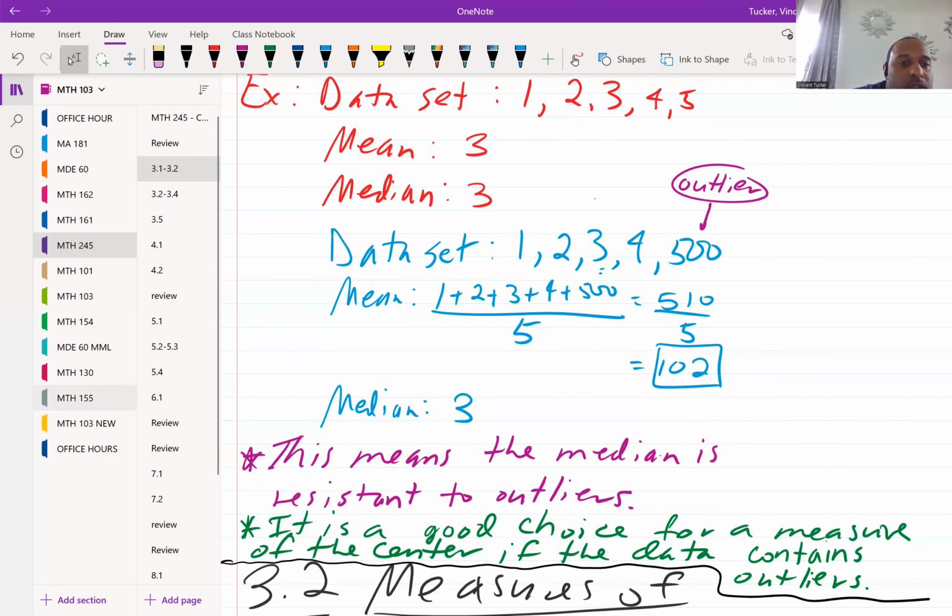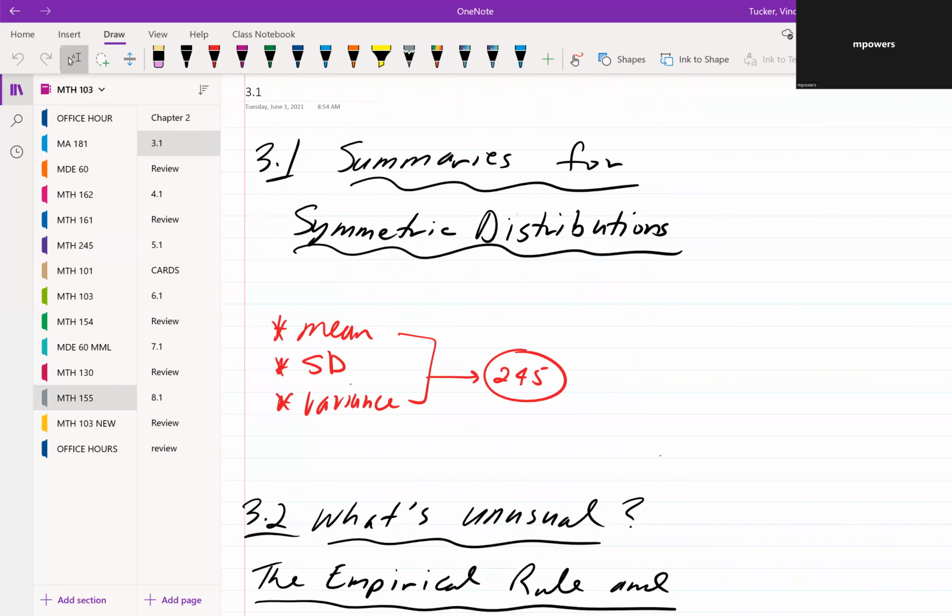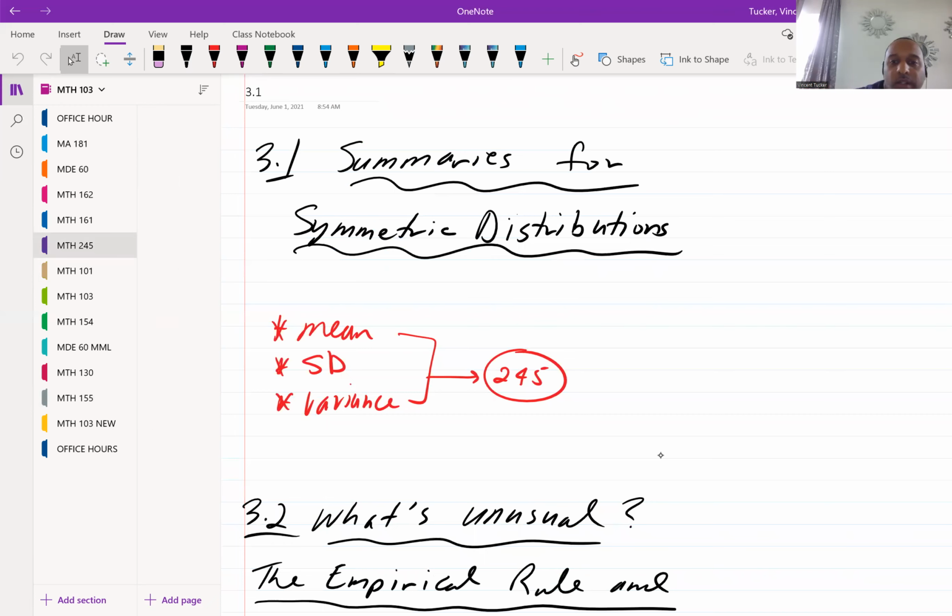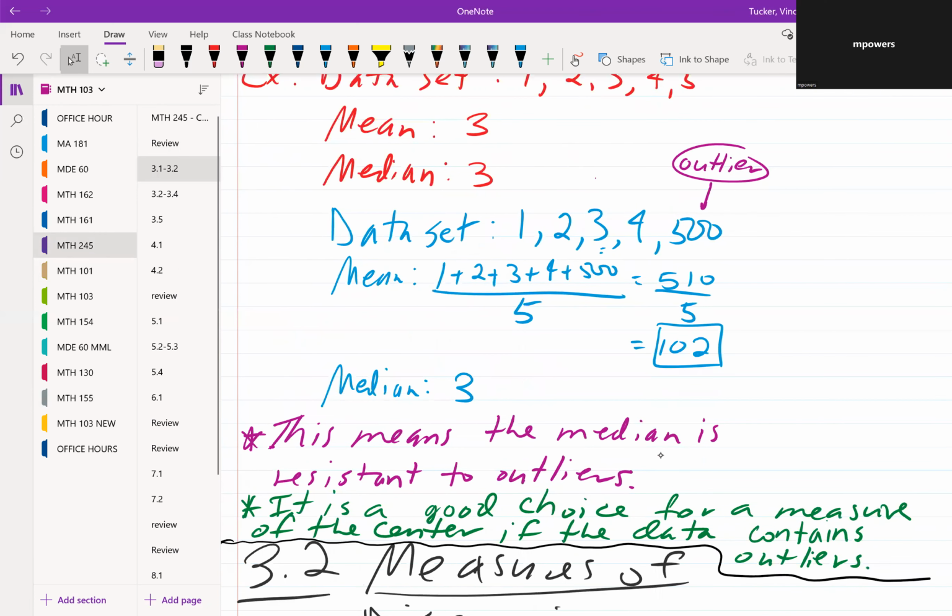Can you explain that sentence a little? Let me go back. Which sentence? The green one. It's just, if you want to compare your data to another set of data and you have outliers, it's better to use your median than it is to use the mean.